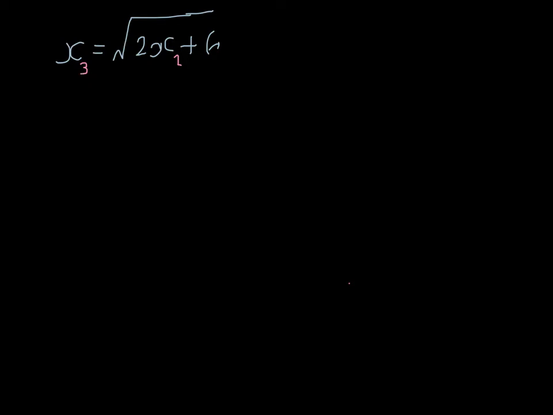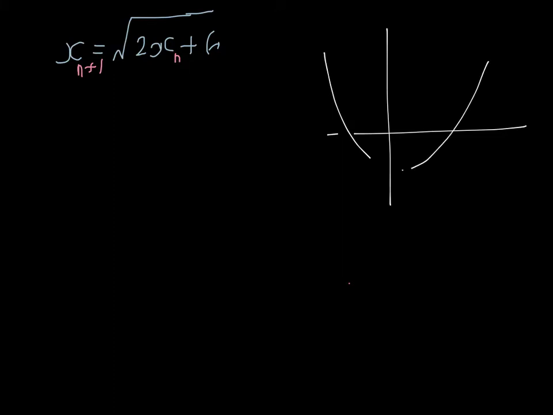So basically what we're going to do is we're going to say that our xn is going to be used in the iterative equation to find the next term, xn plus 1. So I happen to know that the quadratic looks like this, and one of the solutions is between 3 and 4.